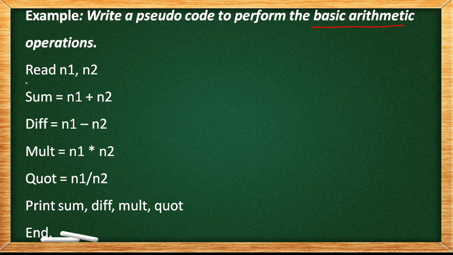To read the numbers we use read, to sum the numbers we use sum, for difference we use diff, to multiply we use mult, for division we use quotient, and to print we use print sum, diff, mult, and end. These are simple words written in ordinary language. This is pseudocode.